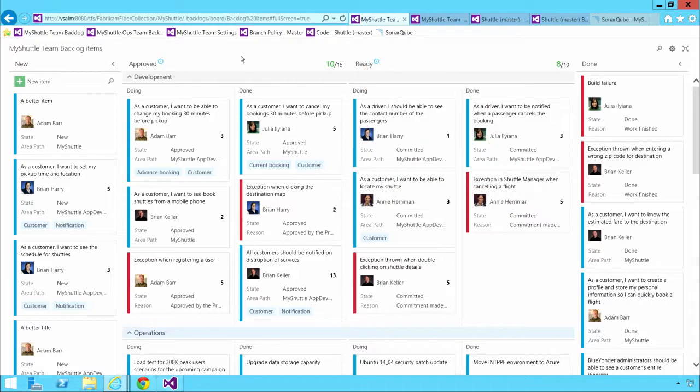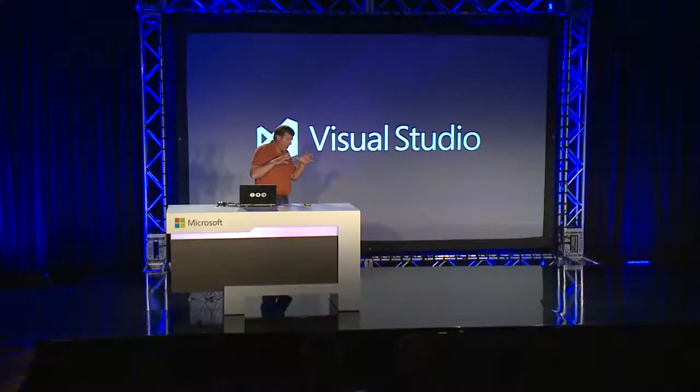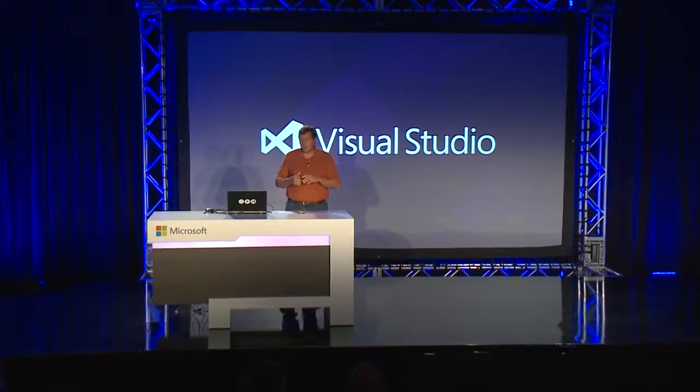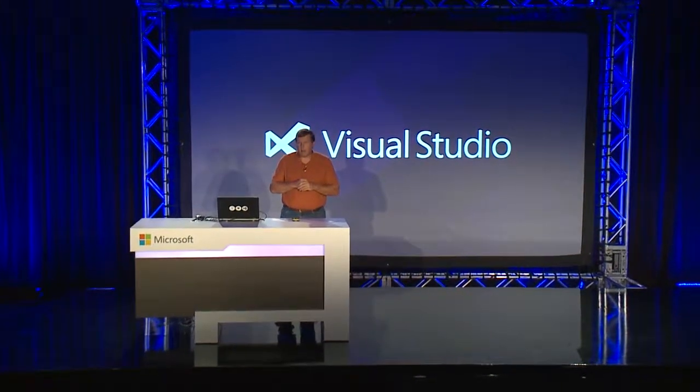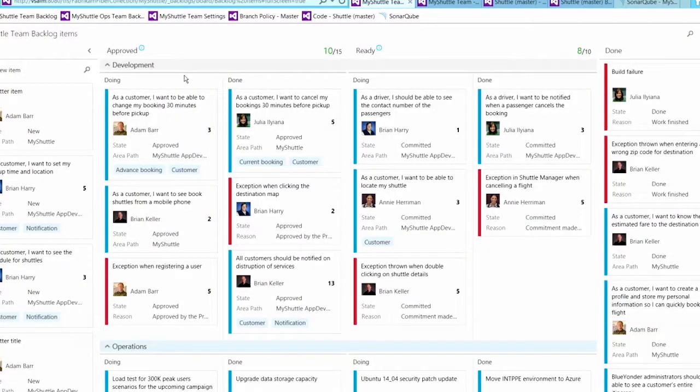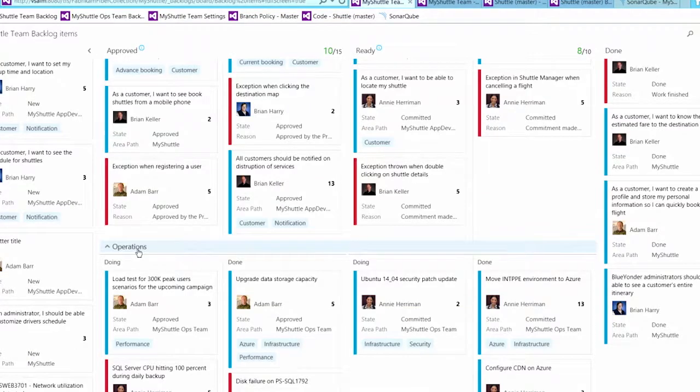Now, the next thing in Kanban is, okay, I've got this bunch of work that I'm managing through this process from beginning to end. But sometimes I'll have different categories, and the most common that I see, in Kanban the term is expedited work, is sort of emergency work or break fix work. I've got something that needs to get done really fast, and it can't just wait for somebody to pick it up out of the long list of stuff that's there. So Kanban has a notion called swim lanes, and a swim lane is a section of work. Here I've got two, development and operations.